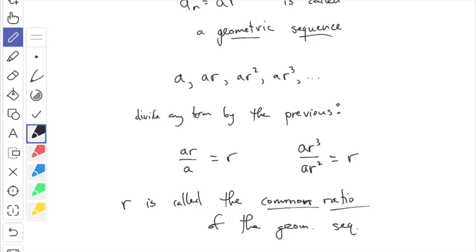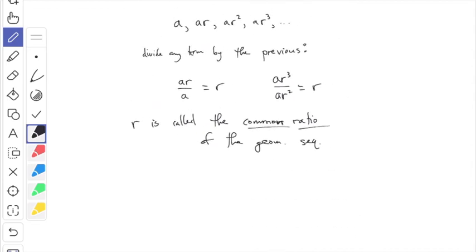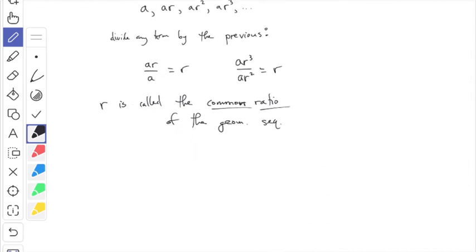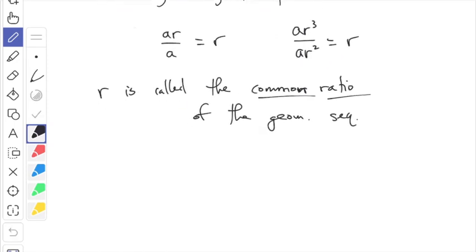If you ever divide one term by the previous one, you're always going to get the same number, and that number is called the common ratio of the geometric sequence. All right. So actually, if you have a geometric sequence, it's easy to figure out what the a and the r are. Sometimes these can be a little tricky to recognize.